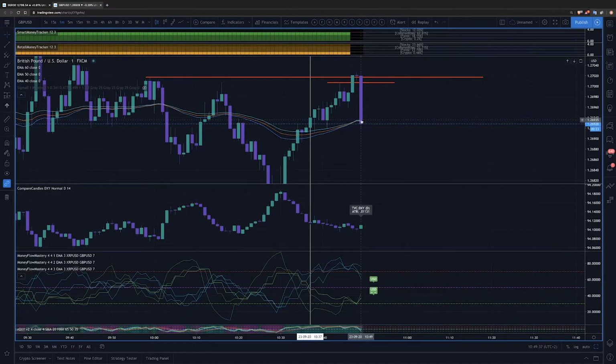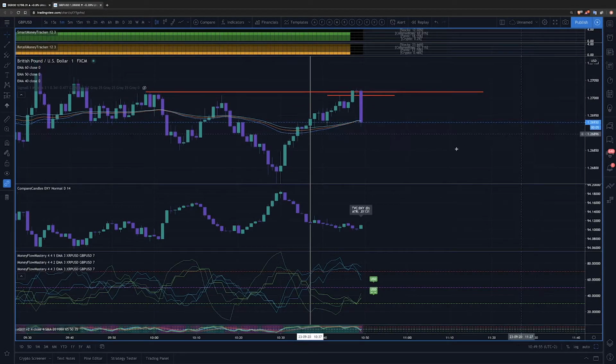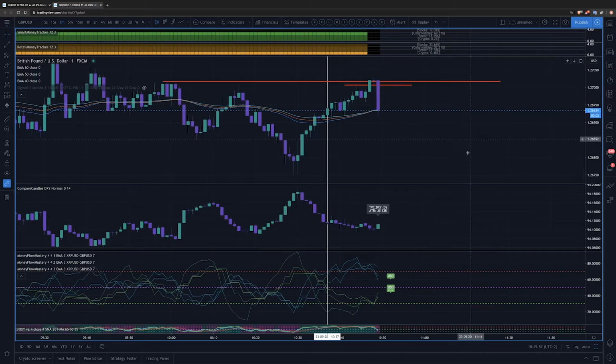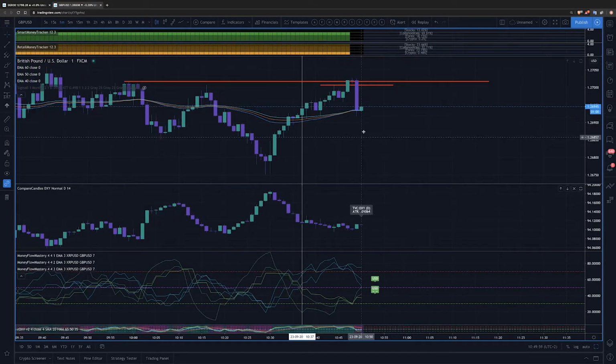Are you going to find support at those moving averages? You might just do. That's a significantly bearish candle though. What time is it now? 10:49. There's your support. Just needs to hold.